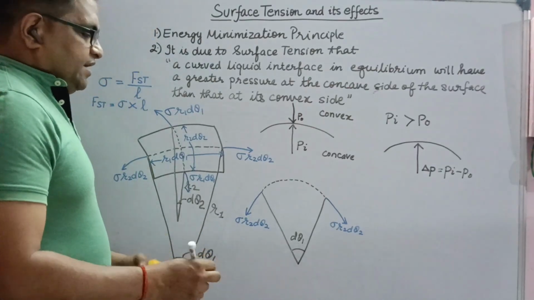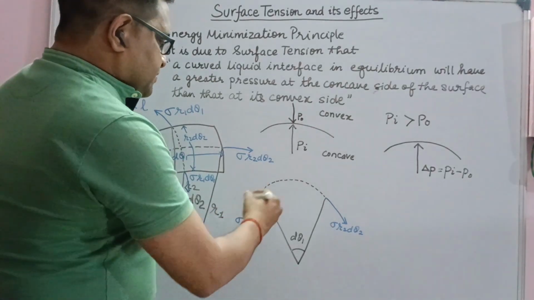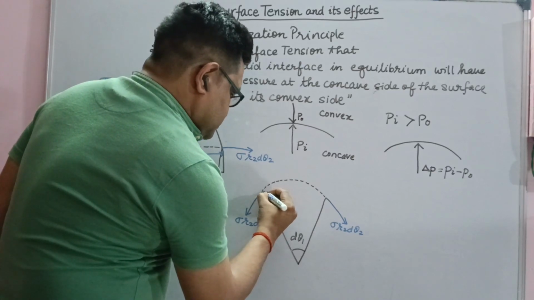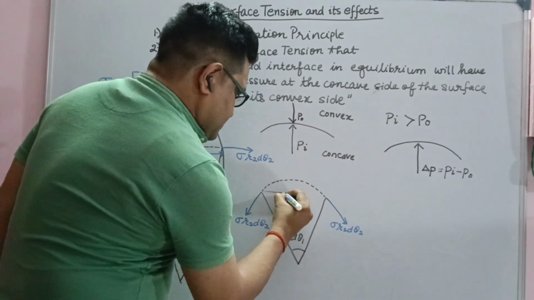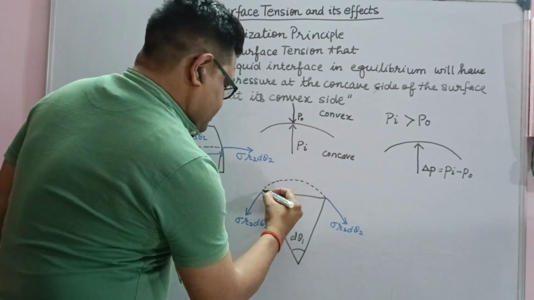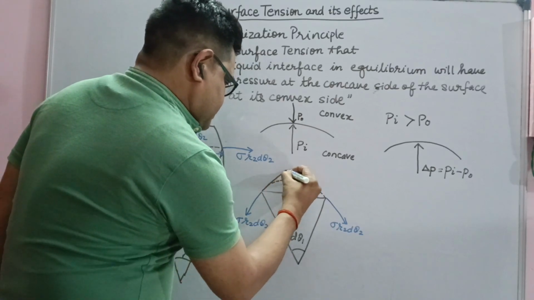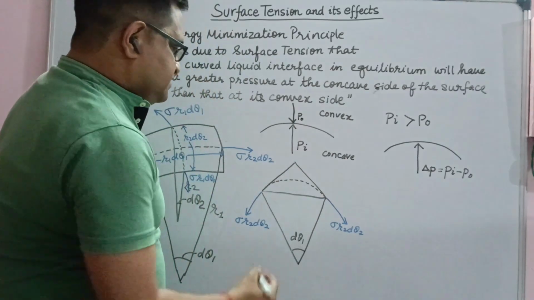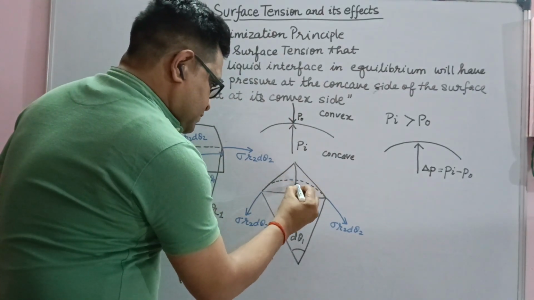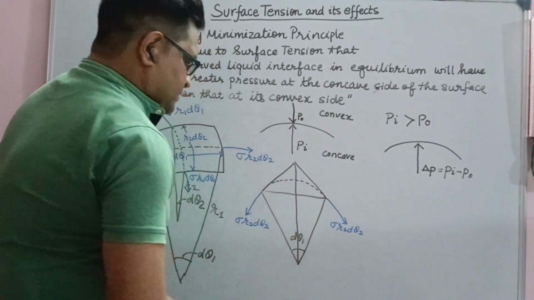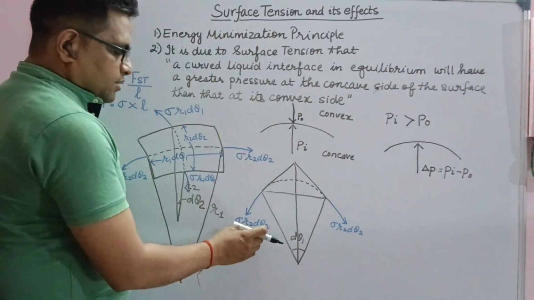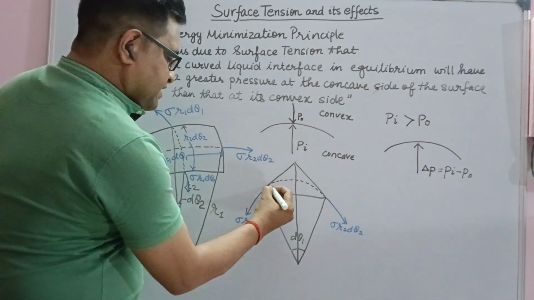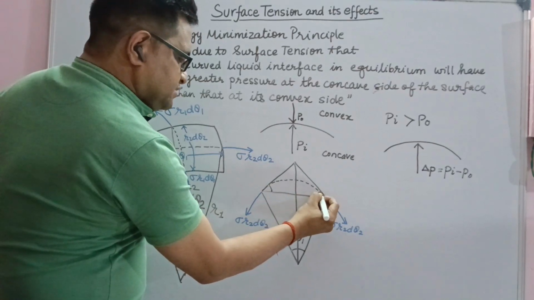Now since we are interested in resolving the forces along the perpendicular direction, let us do one construction. We would like to extend the lines, because to resolve this force into its perpendicular direction, we need these angles.